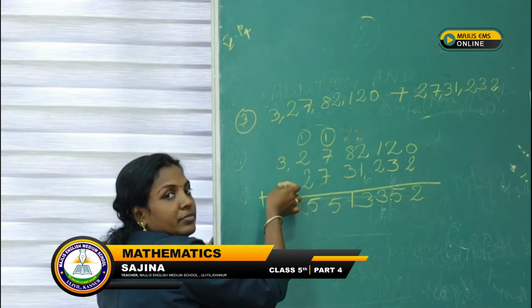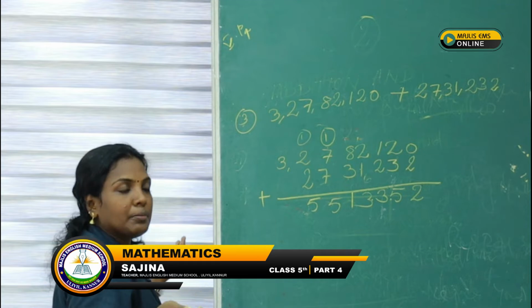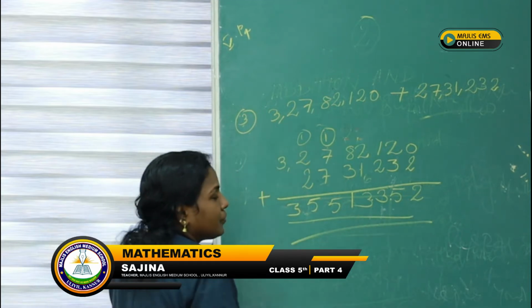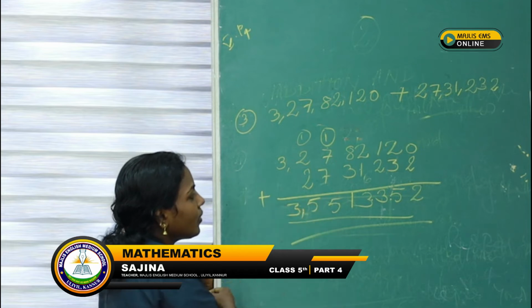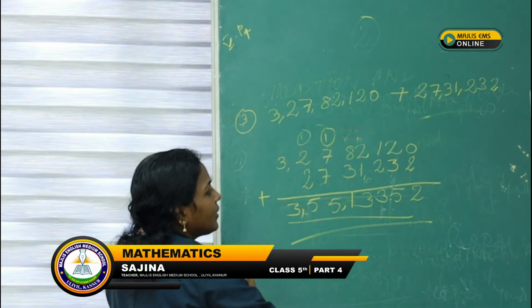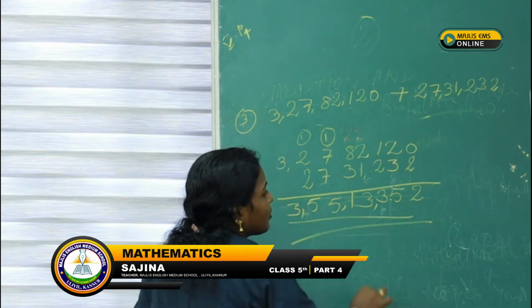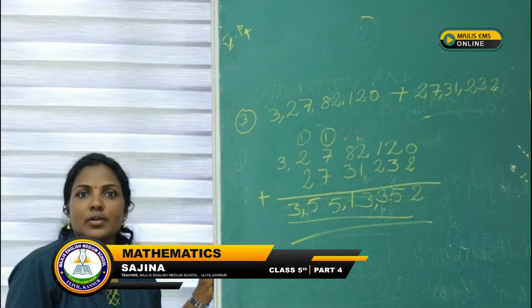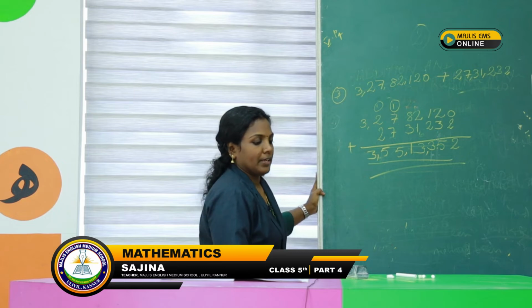Here 3, which number? Empty. Therefore, we write 3 here. Therefore, our answer is 3 crore 55 lakh 13,352. Okay. Clear? Okay.